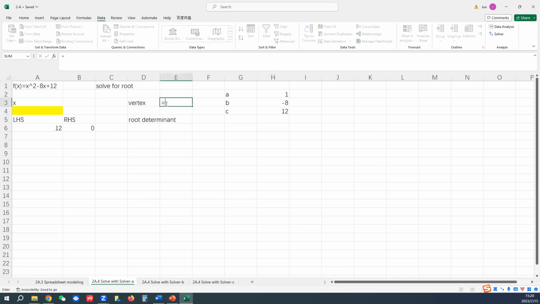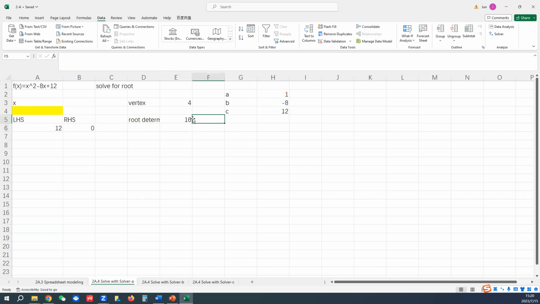Okay, so vertex is minus B over 2A, which is 4. And here root determinant is B squared minus 4AC.